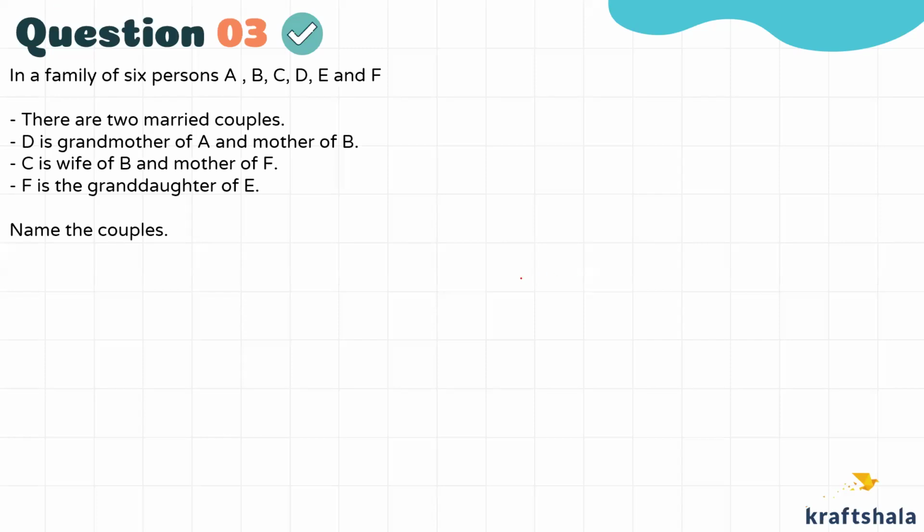So this one is pretty simple. There are two married couples. D is the grandmother of A and mother of B. C is the wife of B and mother of F. F is the granddaughter of E. So who are the couples?